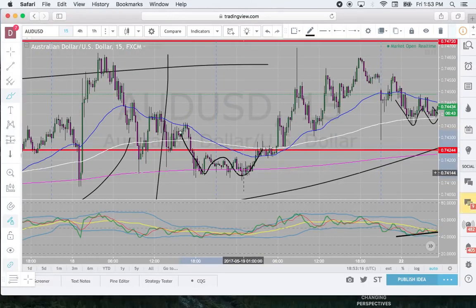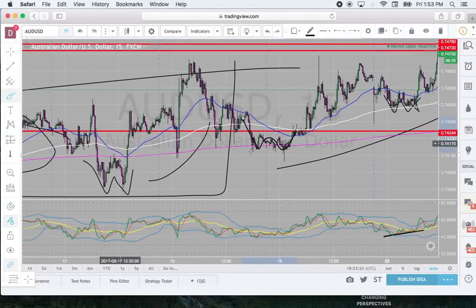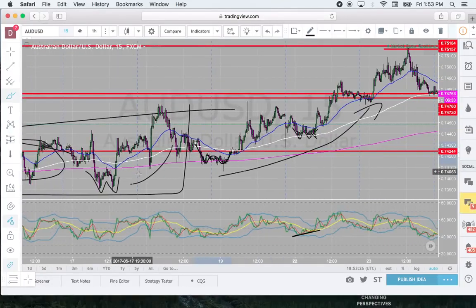So that is the characteristic of a reset in the trend. So we can see they reset the trend not once but twice before shifting and moving up, resetting the uptrend.